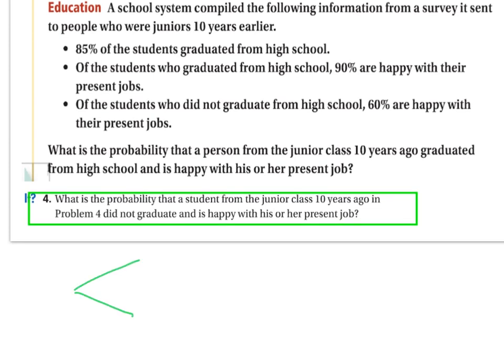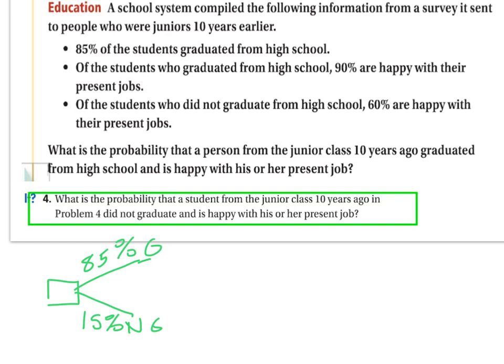So we've got our entire sample space here, and we have an 85% chance that they graduated. So I'll put G for graduated. And so they don't necessarily say this, but that would mean that there's a 15% chance that they did not graduate.